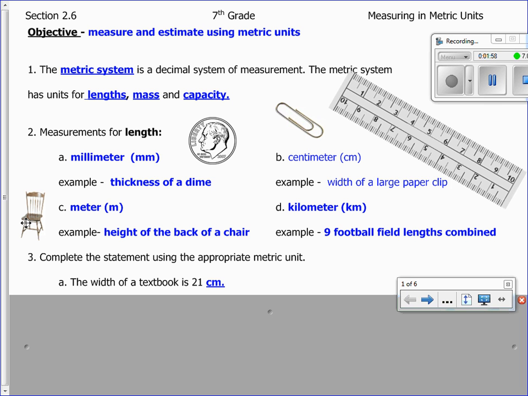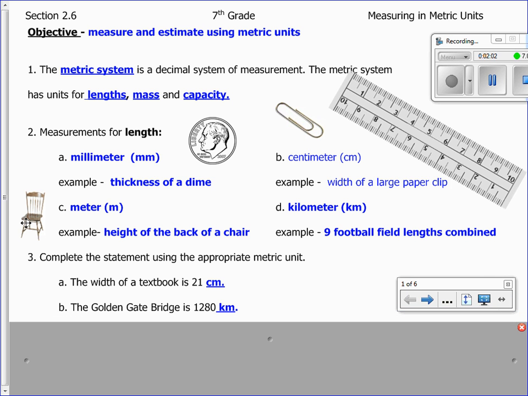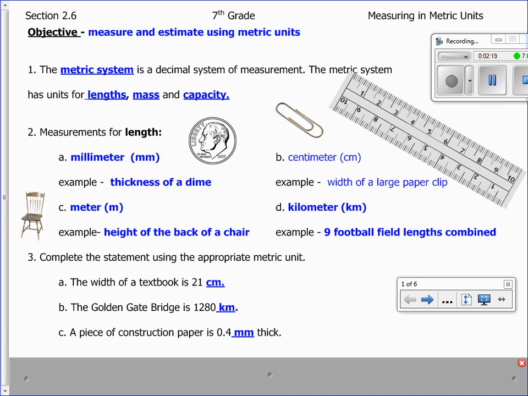Kilograms or kilometers. The Golden Gate Bridge is about 1,280 kilometers, or km for abbreviation. And the third one? Yes, Lance? I think a piece of construction paper is 0.4 millimeters thick. Good. So mm, abbreviated for millimeters. It's the smallest unit.